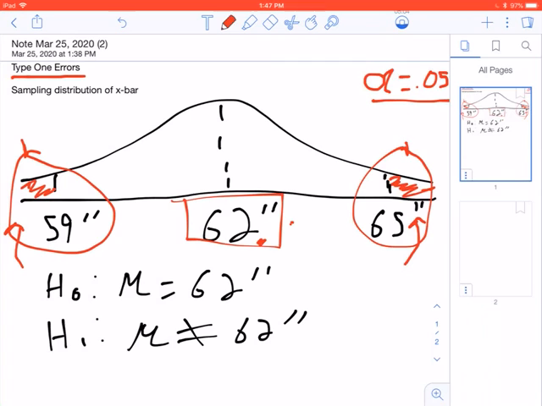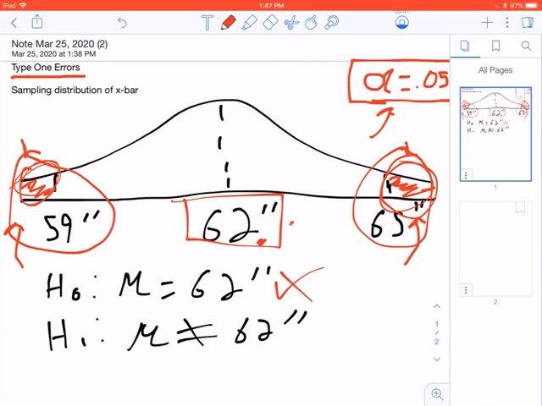And what that means for us is that my probability of making a type 1 error is always equal to the level of significance of the test that I run. If I am taking the most extreme 5% of sample statistics, and when I get those I'm rejecting H0, well, if H0 is actually true, then I am going to be making this mistake 5% of the time, because the nature of the sampling distribution tells me that 5% of the time I'm going to get numbers in this region and this region combined.